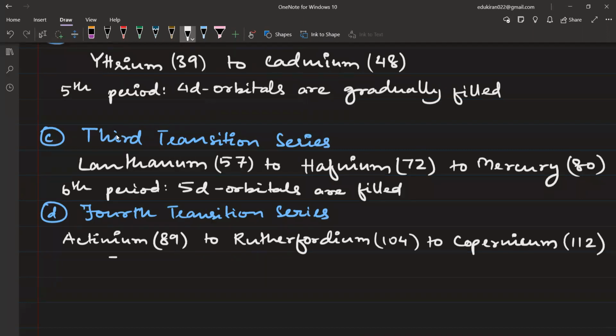This is the seventh period. 6d orbitals are gradually filled.